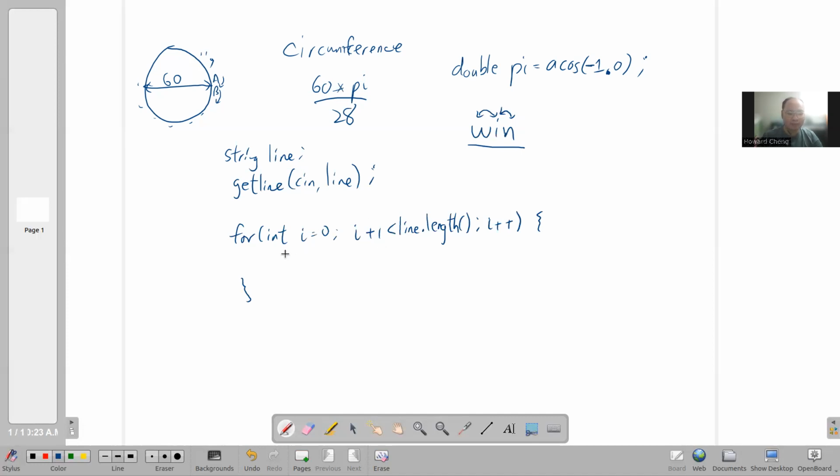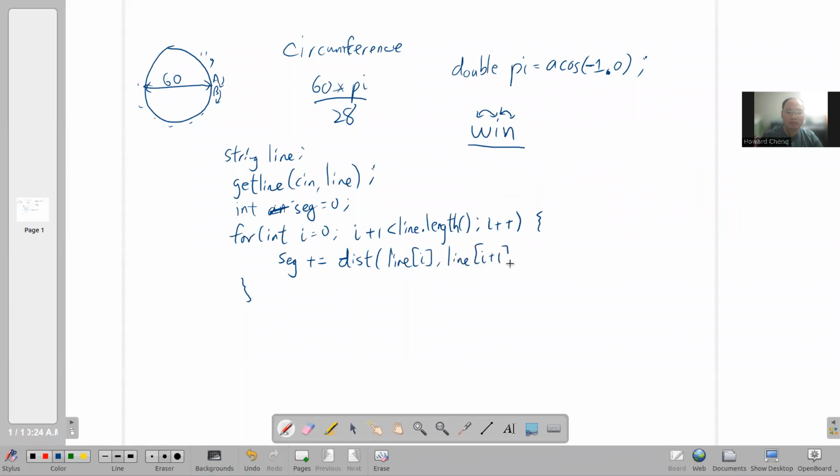So then, let's just call it segment, how many of these segments I'm doing, and just say segment plus equals distance from line i to line i plus 1.